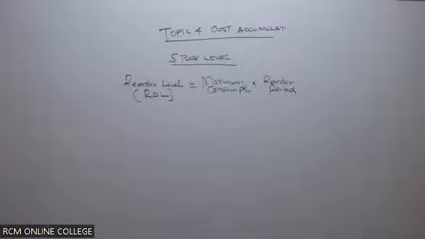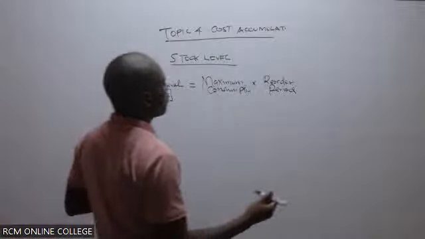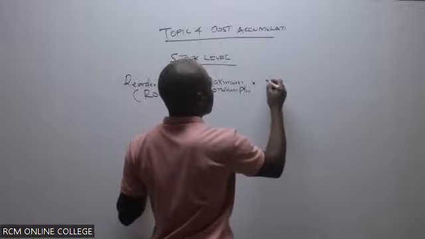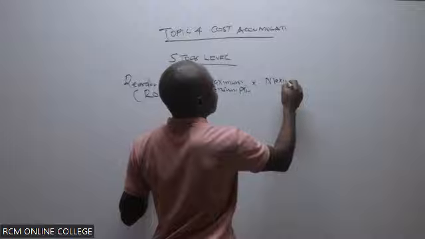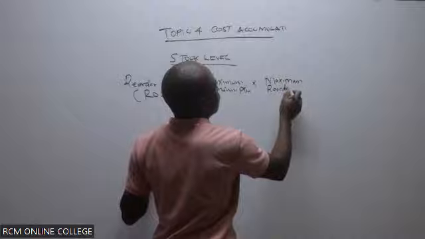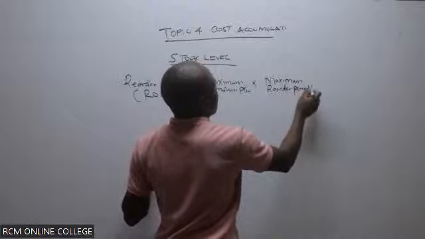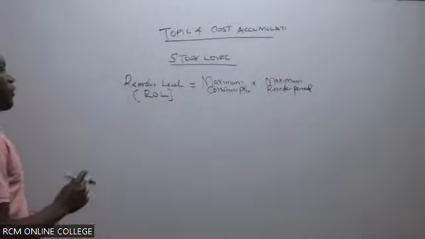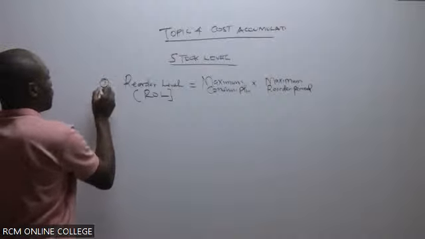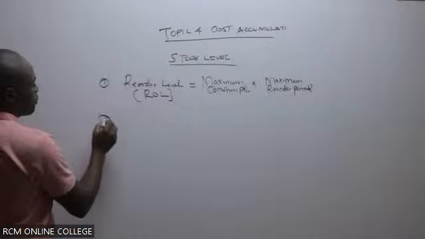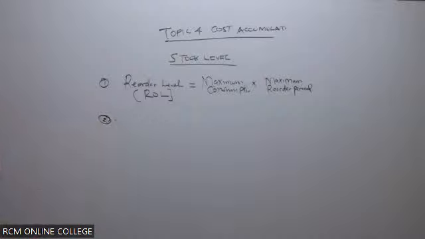Maximum consumption times reorder period, but not just reorder, maximum reorder period. So that's formula number one, which you need to have here. So we've started calculations in this particular topic. That is the reorder level.